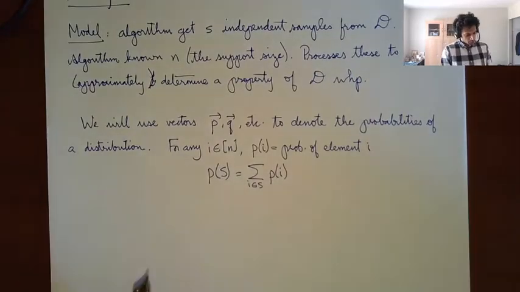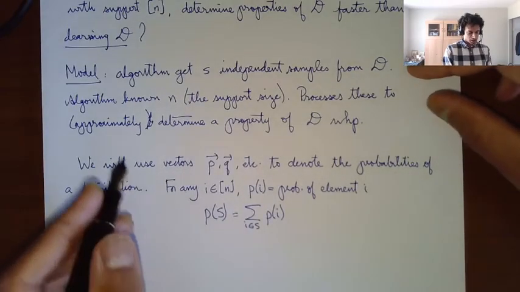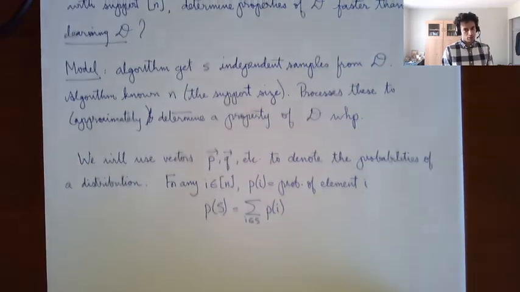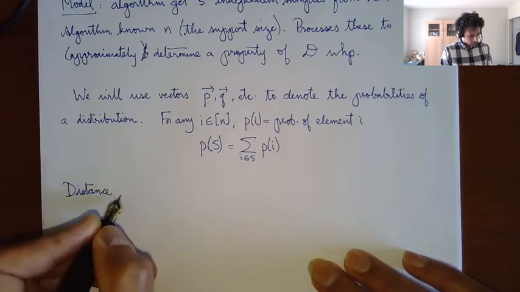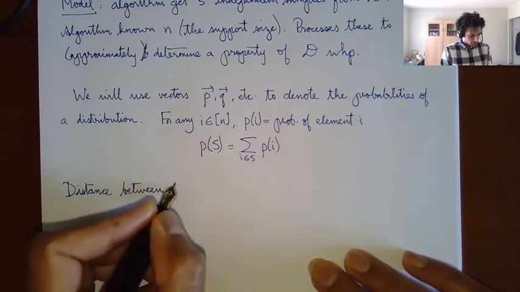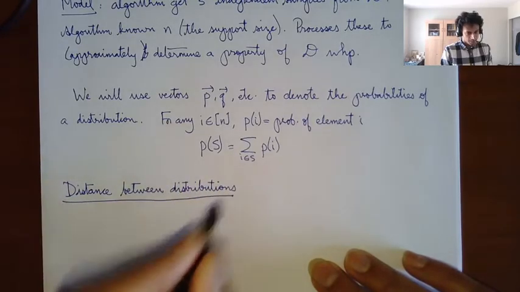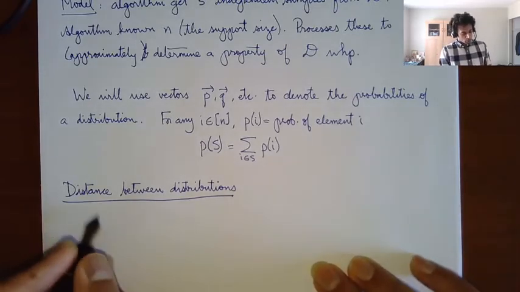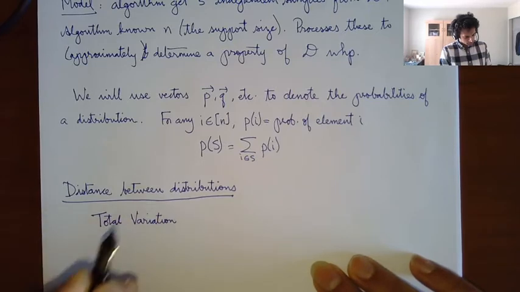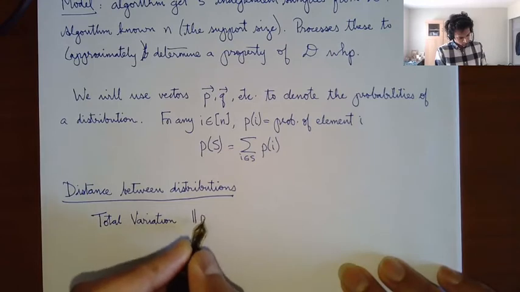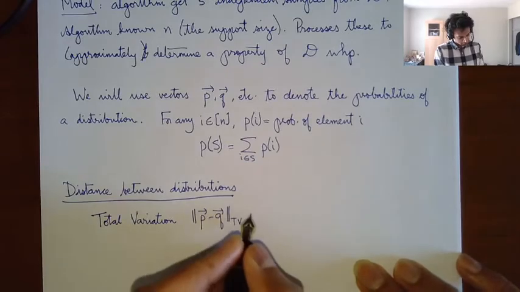Now, before I can formalize what it means to approximately determine a property, let me first talk of a notion of distance between distributions. One of the classic notions of distance is called the total variation distance, often referred to as total variation.